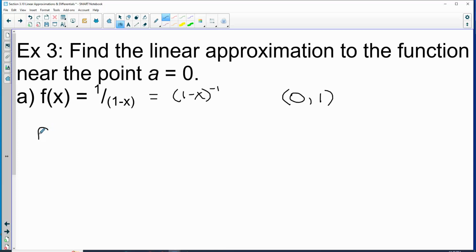You could do quotient rule. So the exponent comes down, the inside stays the same, subtract 1 from the power, times the derivative of the inside, which is negative 1. So that gives me 1 over 1 minus x squared.